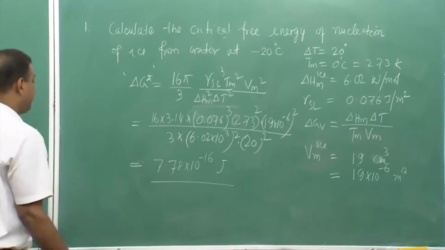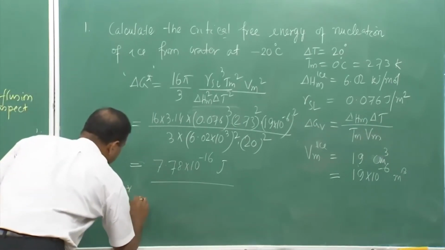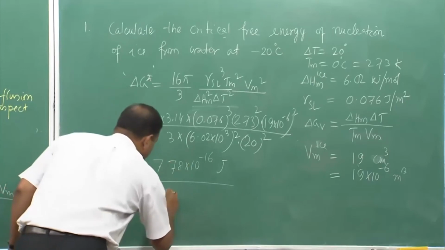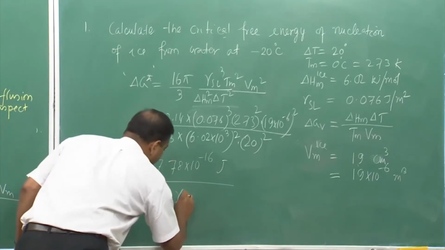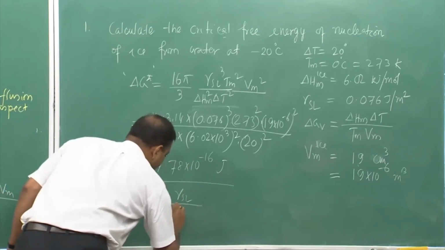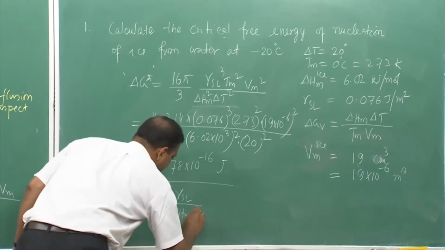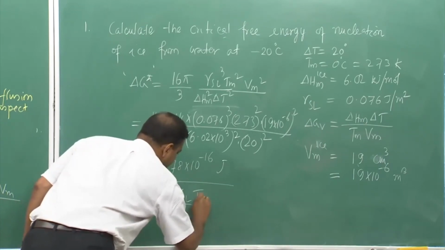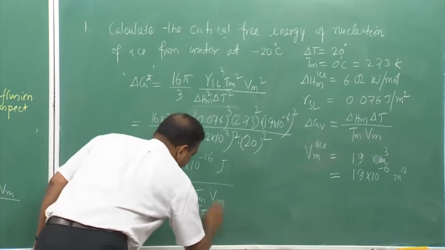Now, you can also find out R star by 2 gamma SL by delta G, that is, delta HM delta T by Tm, Vm.